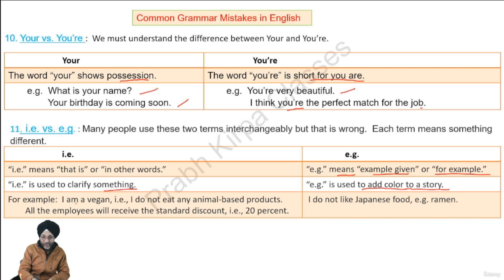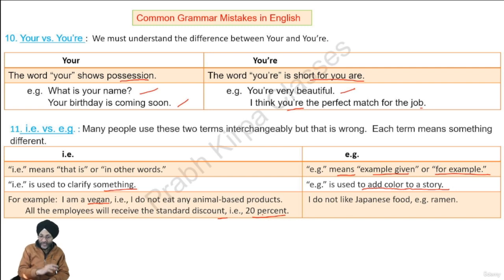For example, if I say I am a vegan, that is, I do not eat any animal based products. Here we are clarifying the word vegan. Next, all the employees will receive the standard discount, that is, 20%.